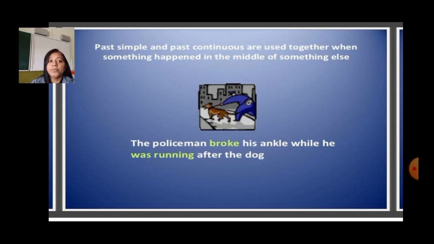For example, the policeman broke his ankle while he was running after the dog. Here, broke is simple past tense and was running is continuous tense. He was running after the dog. That action was going on. At that time, he broke his ankle.